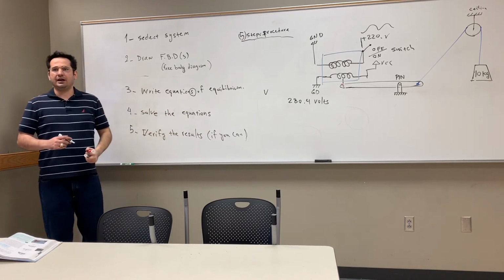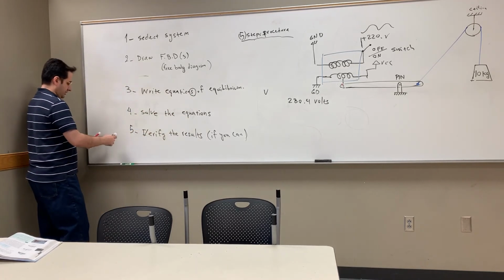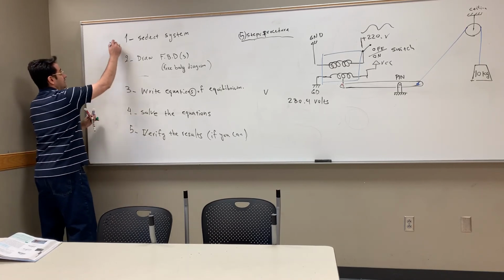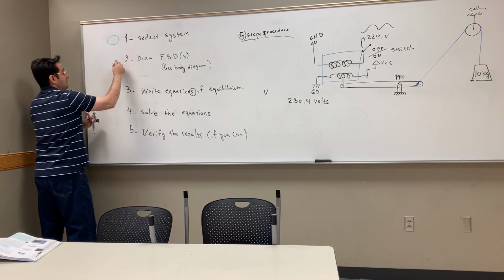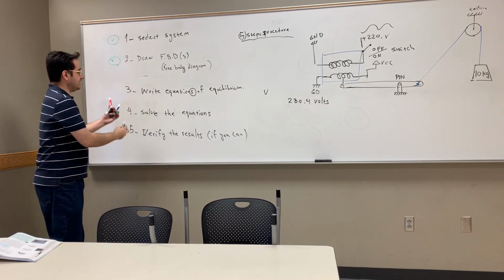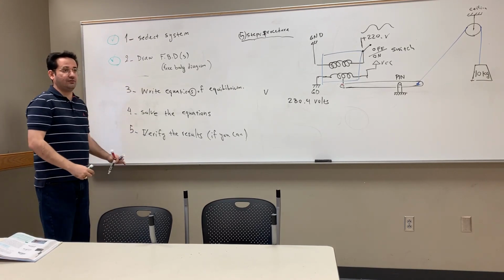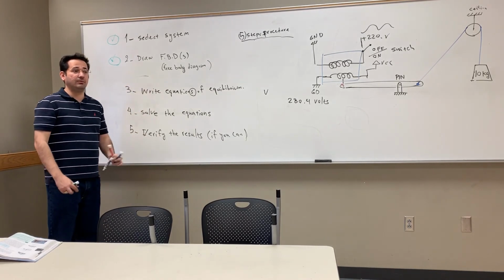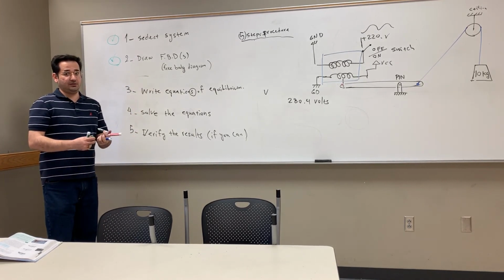Something is wrong. Now, next class we have tests, right? After that I want to talk about system and FBD. And then we have another class on equation and solve, and then we're going to have lots more classes for example problem solving. All right? Okay.